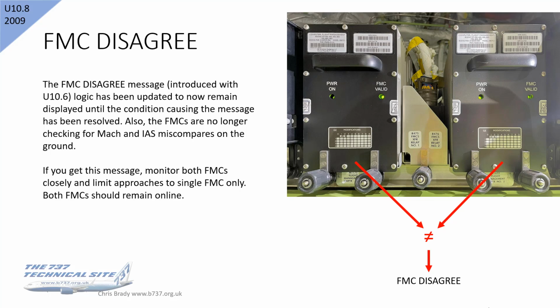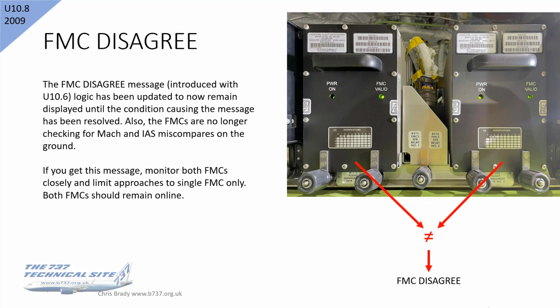FMC disagree, and again this follows on from the previous slides. It's all very well when you've got one computer, but when you've got two computers, like the man with two watches who never knows exactly what the right time is, you're always bound to get slight differences in calculations. So the FMC disagree message, which came in with 10.6, the logic has been updated to now remain displayed until a condition causing the message has been resolved.